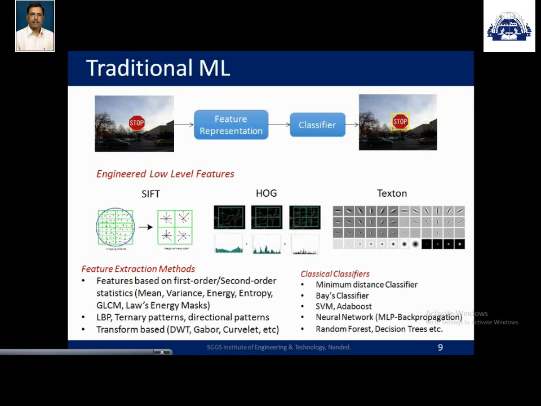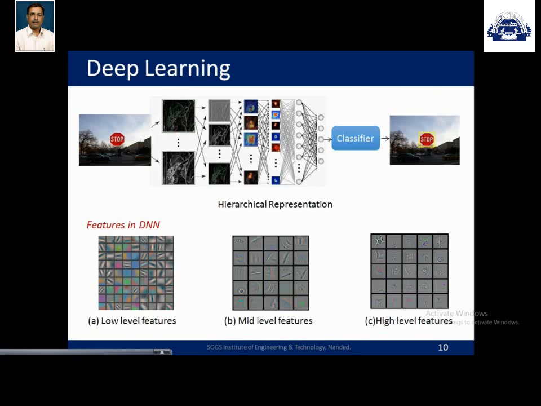There is a wide range of feature extraction methods, starting with features based on first order and second order statistics, newer features like LBP and ternary patterns, directional patterns, as well as features extracted from transformations such as Fourier transform, cosine transform, wavelet transform and Gabor transform. Popular features nowadays are SIFT, HOG and textons.